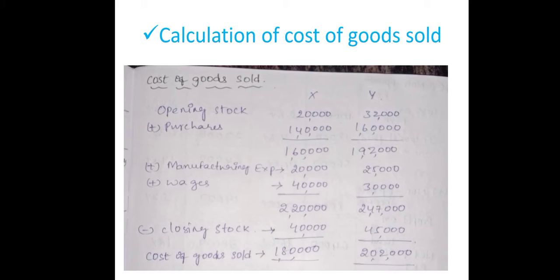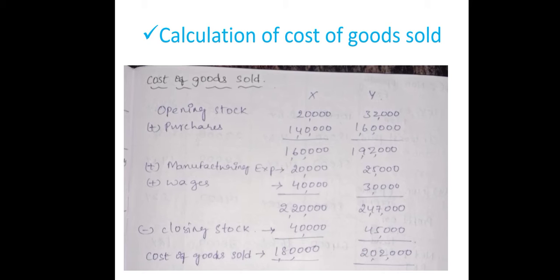Purchases is 1,40,000 for X company, Y company 1,60,000. After adding the opening stock and purchases, we get 1,60,000 for X company, 1,92,000 for Y. After that, we need to add manufacturing expenses and wages of X company and Y company. Then we get 2,20,000 for X company, 2,47,000 for Y company.